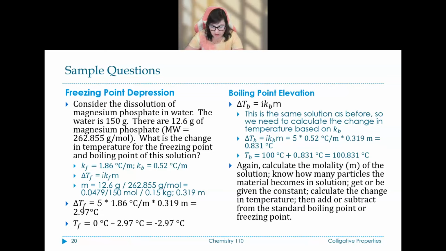First thing I want to do is calculate the molality. Molality is defined as moles of solute per kilogram of solvent. So if I want moles, I need to take the mass that I have, 12.6 grams of Mg3(PO4)2, and divide by the molecular weight of 262.855 grams per mole.